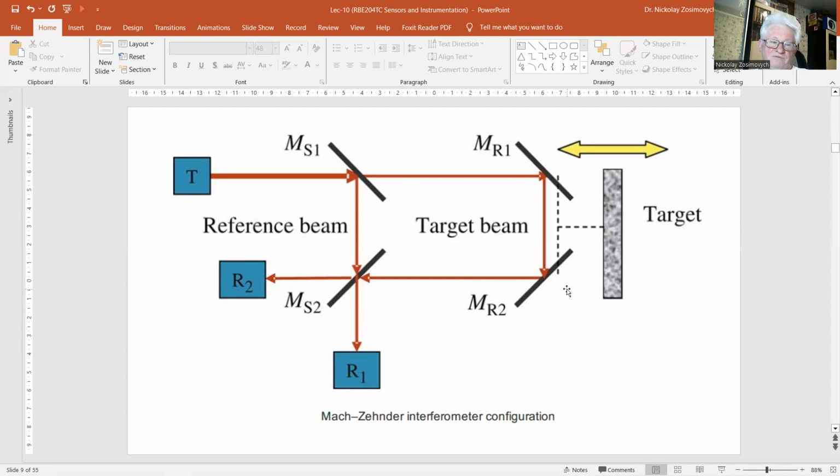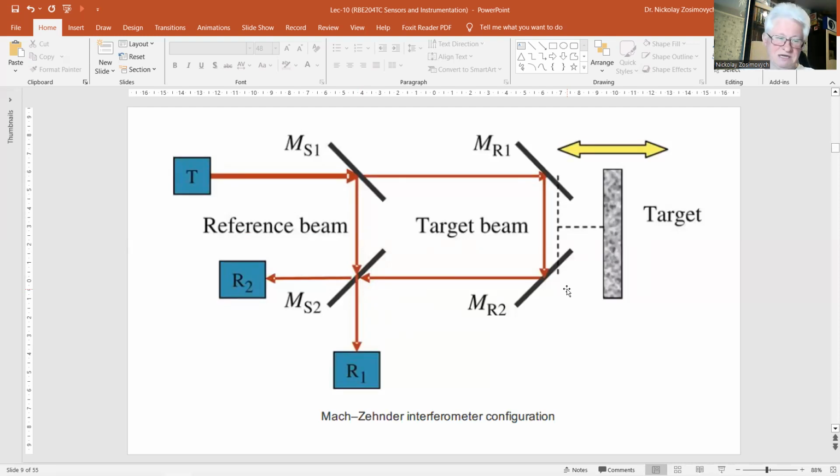So there are two receivers which can act in balance mode. When one has maximum output, the other has minimum output. The disadvantage of this interferometer is the necessity to connect mirrors to the moving target.